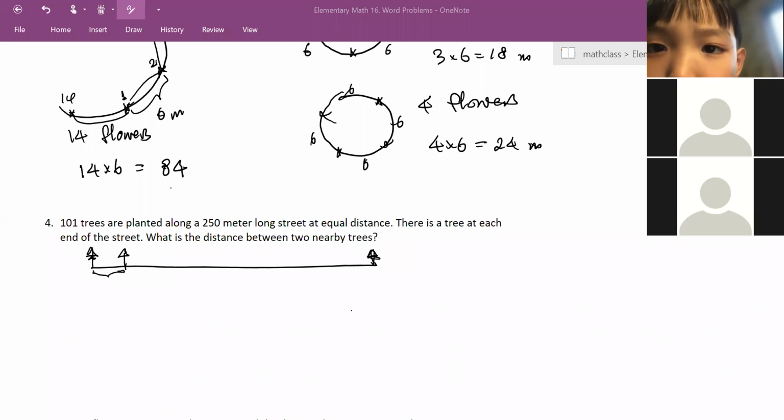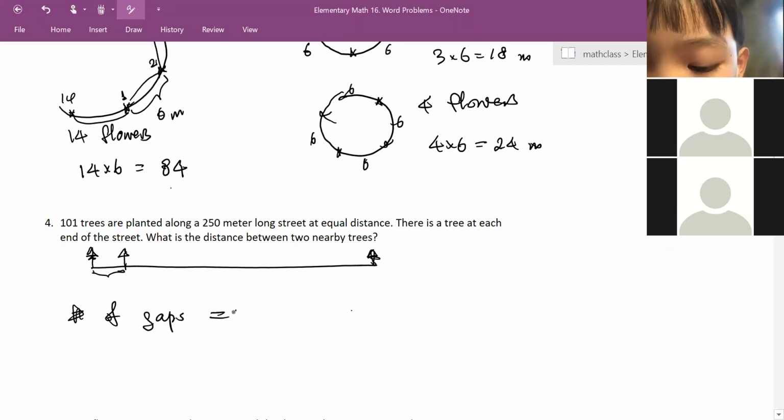You have 101 trees, including 2 endpoints, right? So that means the number of gaps or intervals between trees is going to be 100. The total distance is 250, right?